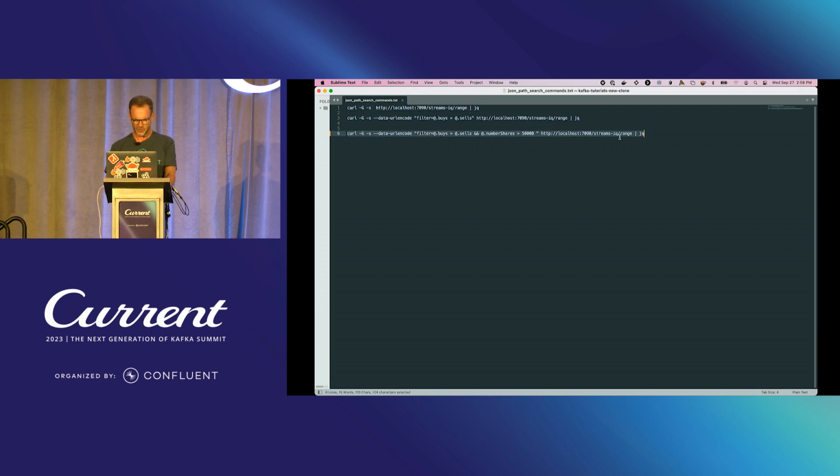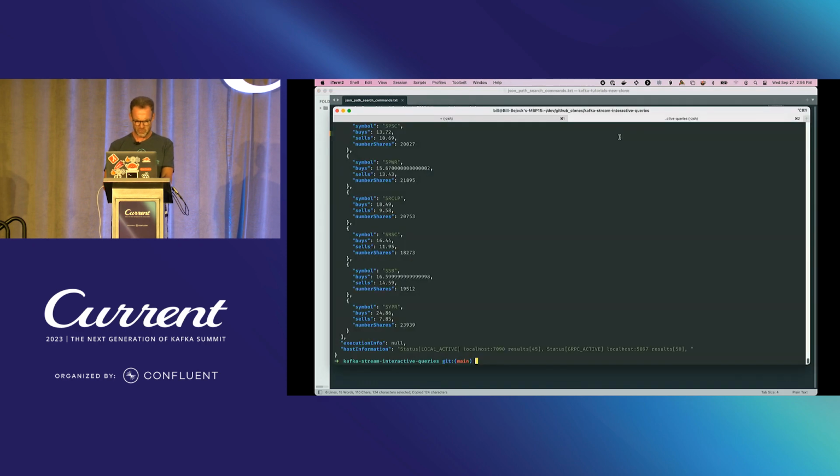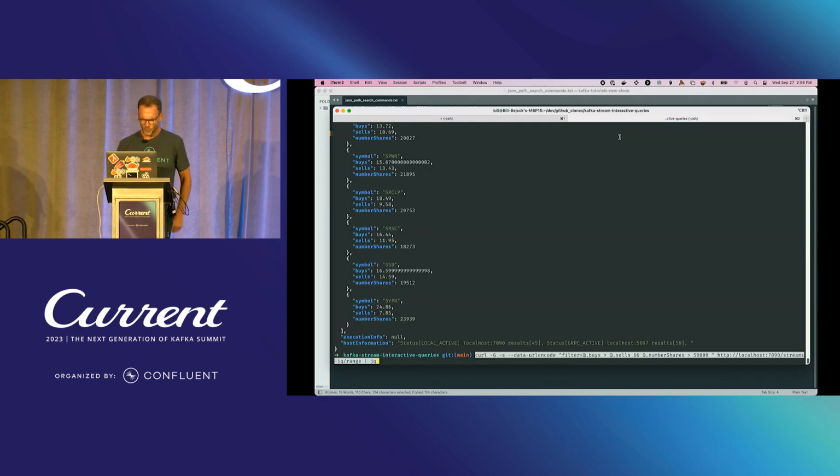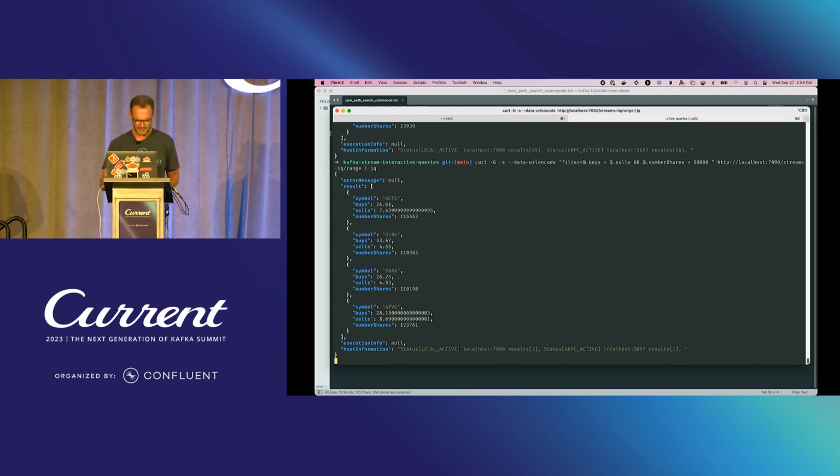So we want to get the transactions where the purchases were more than the sales, but the number of shares involved in the transaction were greater than, say, 50,000. And so now we're able to pull back just a few results.